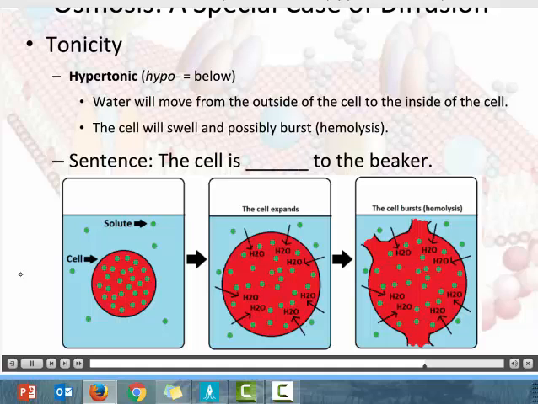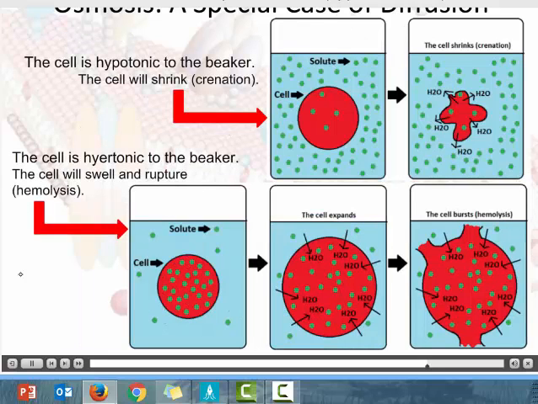So if our cell is hypotonic to the solution, then the cell will lose water and shrink. That's crenation. If our cell is hypertonic to the solution, then our cell will gain water and rupture in hemolysis.